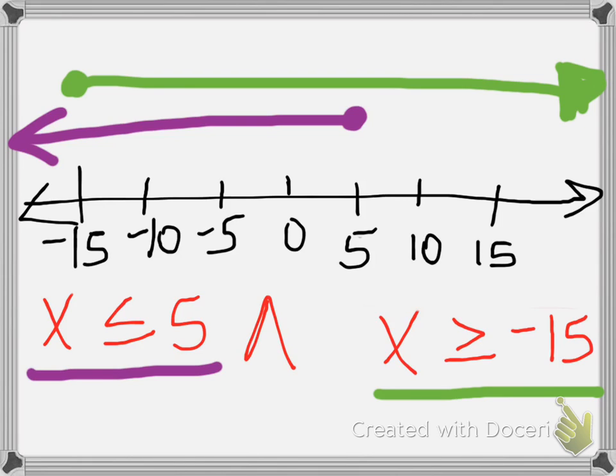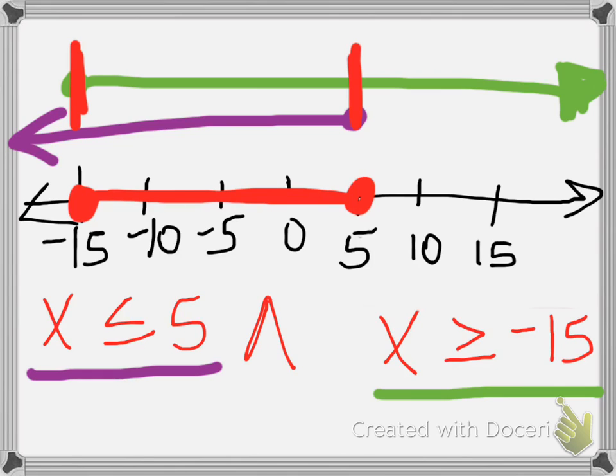Now we want to look at where these two overlap, and I can see that they are overlapping right here to right here. So that's the section that goes on the number line. Closed circle at -15, closed circle at 5. We're going to shade all of that in between because these are all the numbers that are going to be solutions to this inequality.